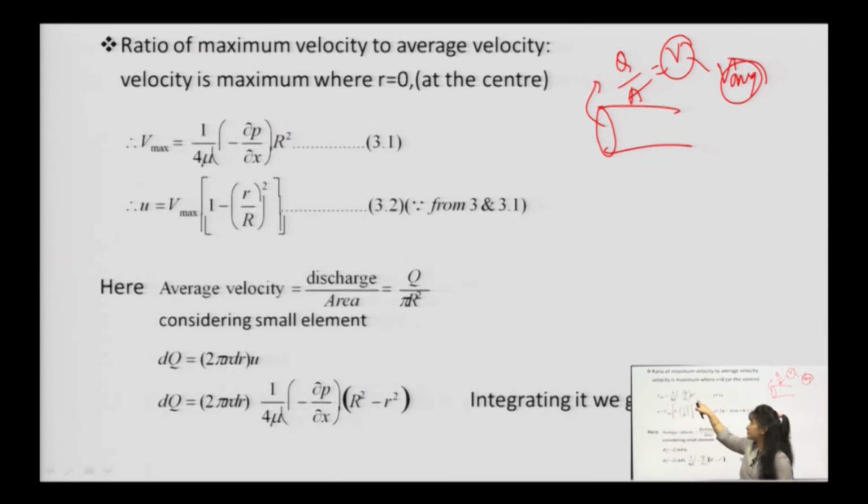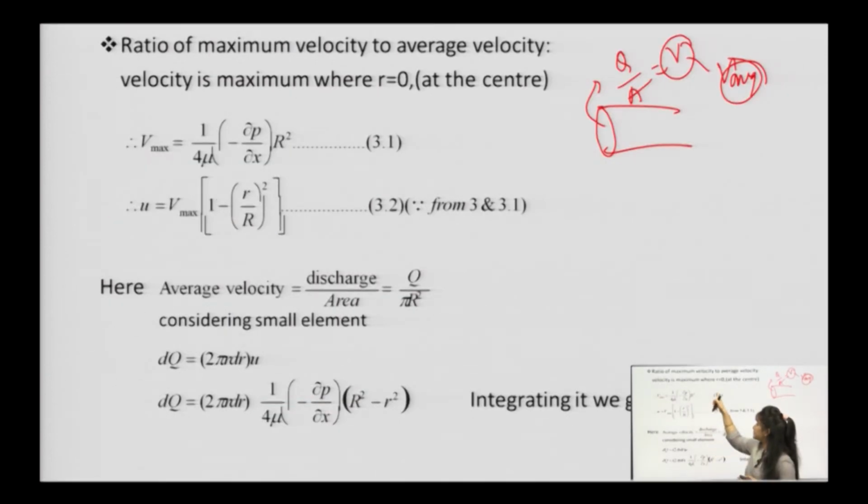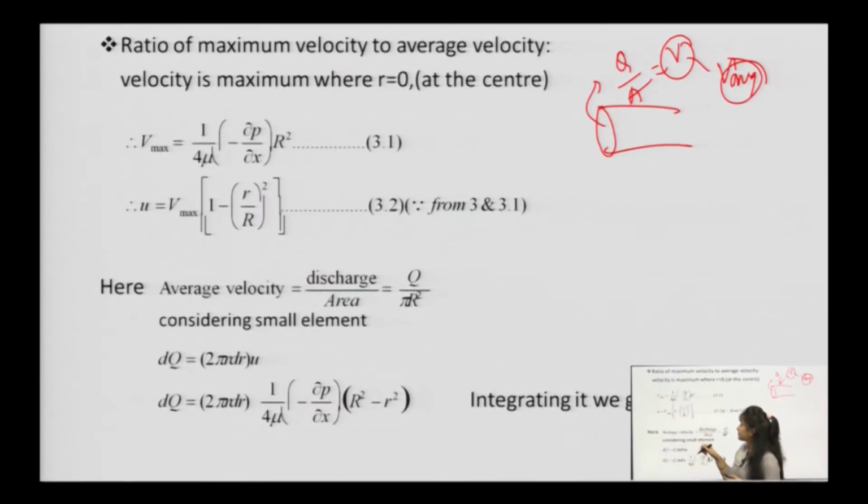For V max, we substituted small r as 0, so it will be the maximum value, given in terms of this expression. Now V max we are going to conclude with the help of the previous one. Previously you saw V max, taking V max to the other side, u can be calculated as far as r is 0, and hence this value can be calculated with the help of this one.